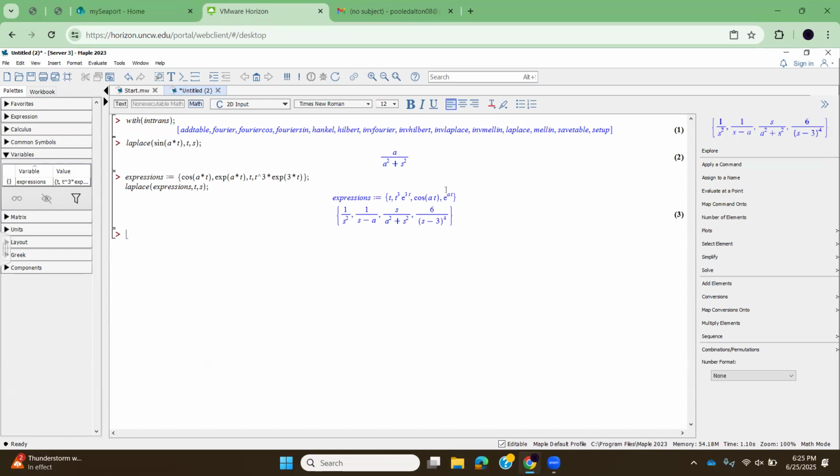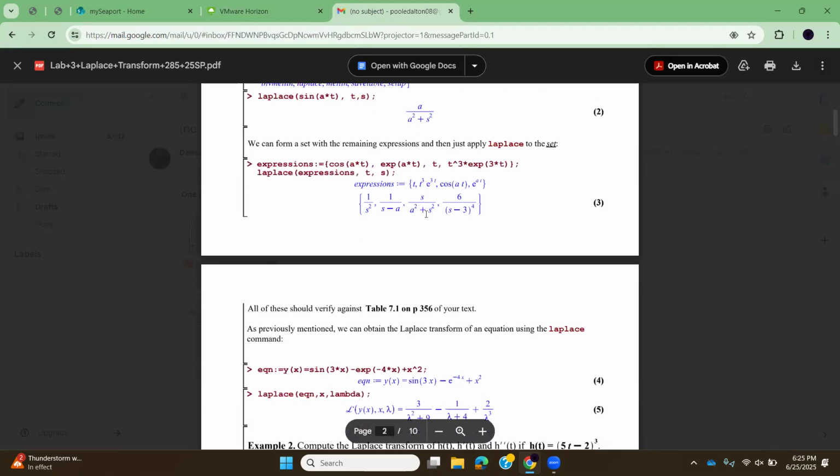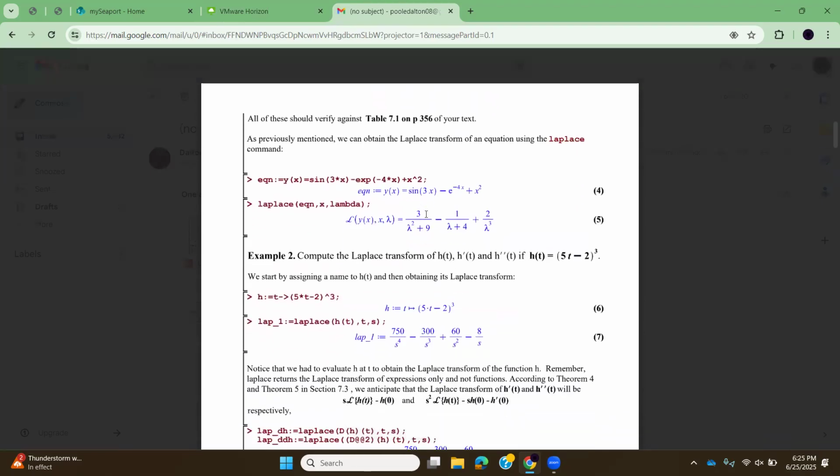That's the e to the at. This one is actually this right here, because it's 3 factorial over s to the n plus 1, but then you've got to plug in that s minus 3 because you have that e term multiplied by it. So just get good at recognizing those.